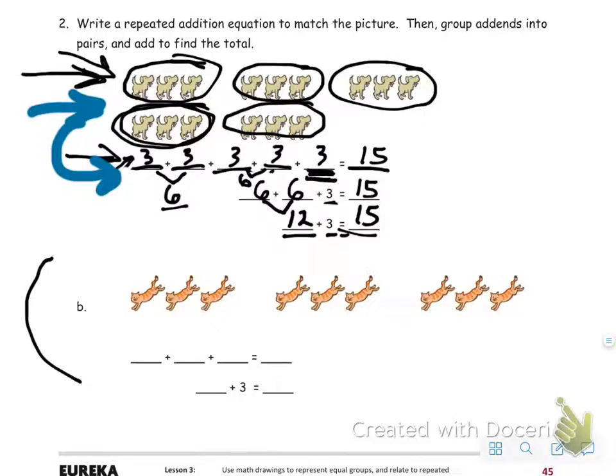Then I simplified by adding 2 of my add-ins together right here. Then I simplified again, adding those 2 add-ins together to get this, okay? Now this problem right here does not have quite as many steps, so this one should be just a little bit easier for you to try on your own.